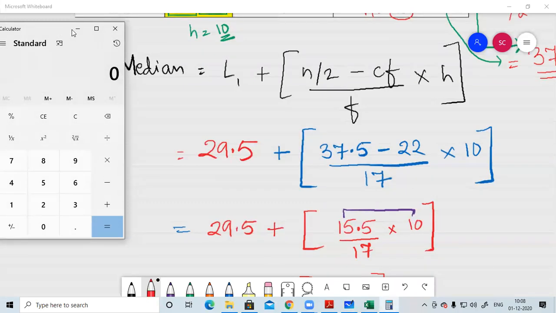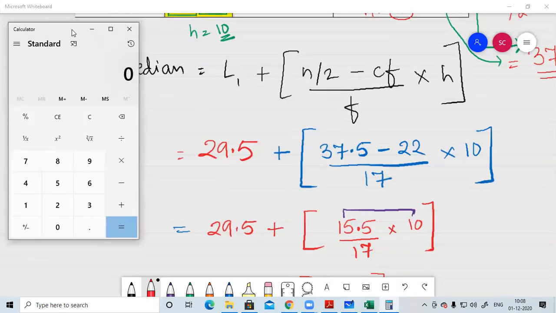Now, how to do it in one step? You first do the bracket information. See the calculator. I will do 37.5 minus 22. You hit enter, you will get an answer. Multiplied by 10, you hit enter. Divided by 17, you hit enter. And plus 29.5. You directly get 38.617.